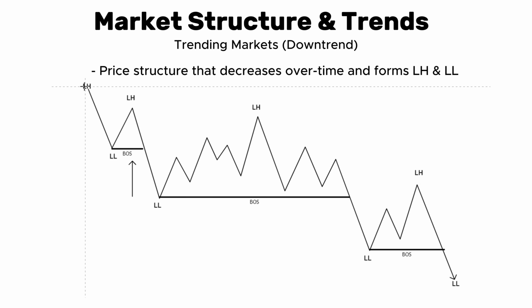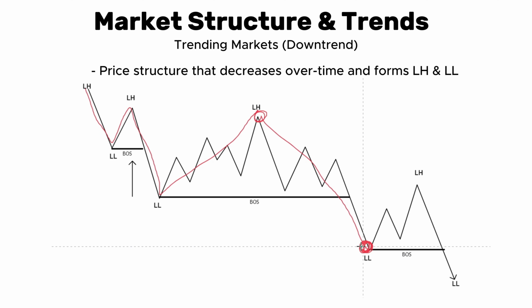If we would take only the external structure into consideration, the market would now pull back to the upside, form a new lower high, then break to the downside forming a new lower low. So it's exactly the same move we had before, and the same move that we have shortly after. Now if we would take only the internal structure into consideration, the price action would look more like this.